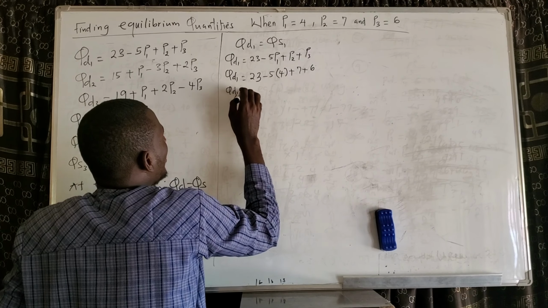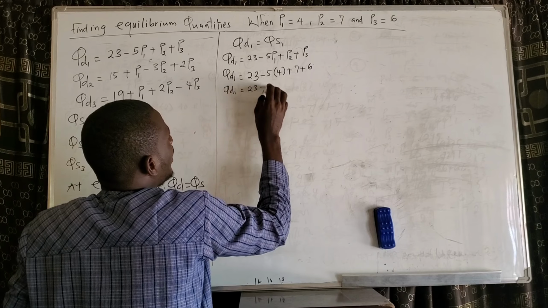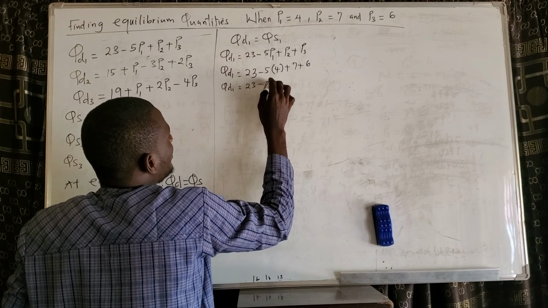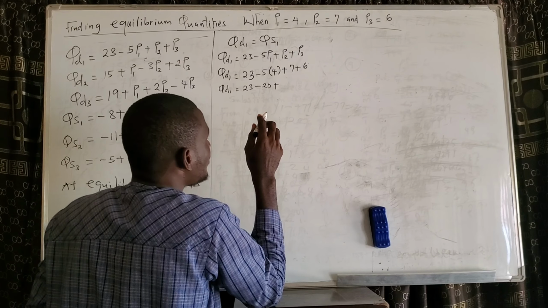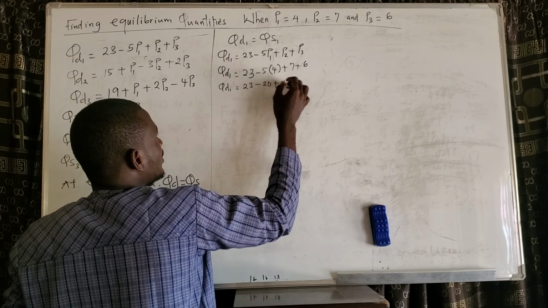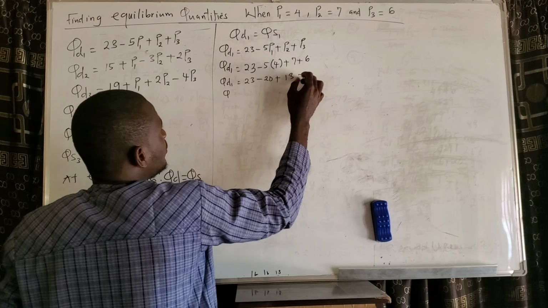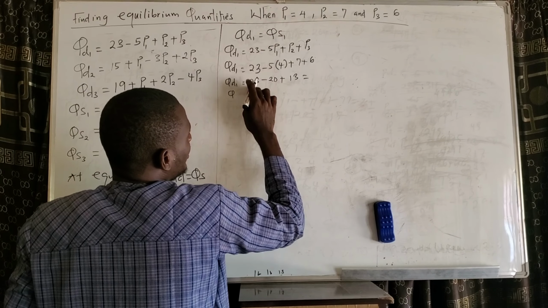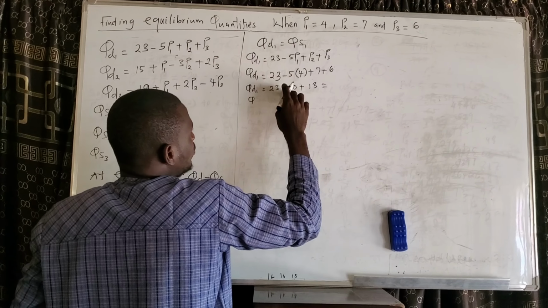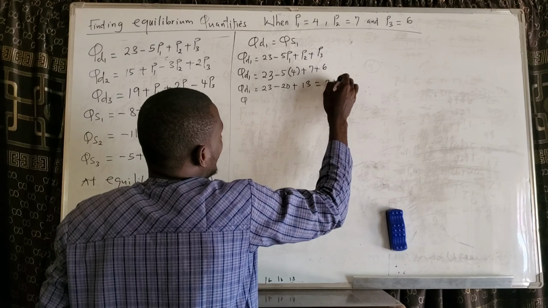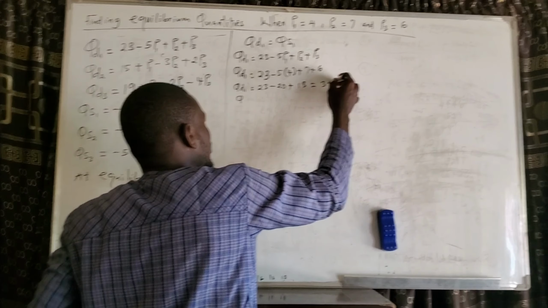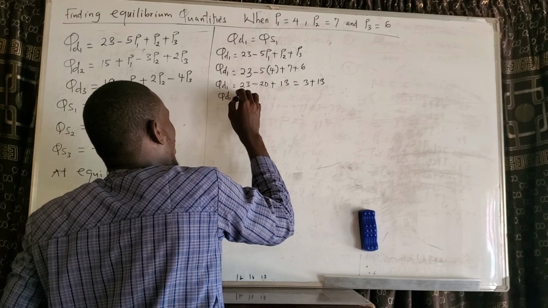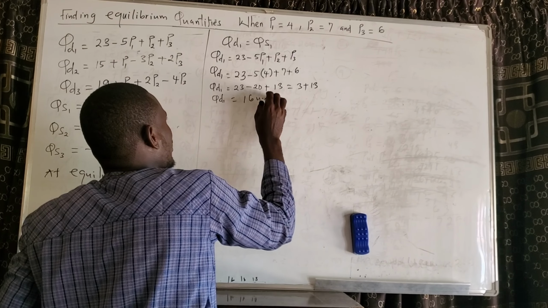Then QD1 is equal to 23 minus 5 times 4, 20, plus 7 plus 6, 13. So this will give us 23 minus 20, that is 3, plus 13. Then QD1 is equal to 16 units.